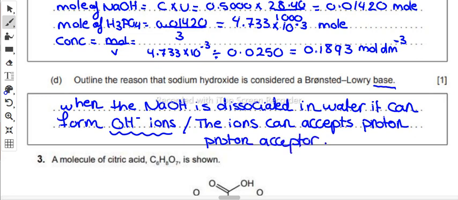So for the Bronsted-Lowry base, we need to remember that they have the ability to be a proton acceptor. And for sodium hydroxide, when we consider the OH negative itself, it is present when the NaOH is in water. So the OH negative can behave as a proton acceptor. And when it accepts the hydrogen ion, it will form the water molecule.